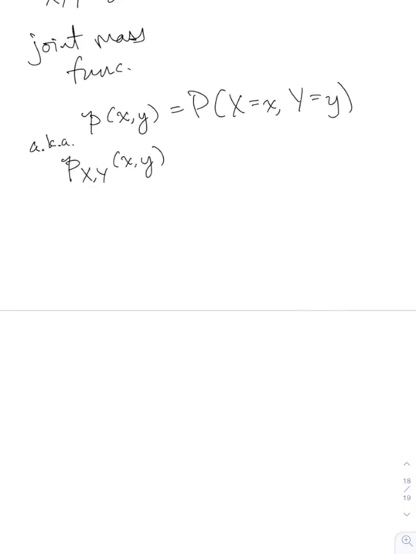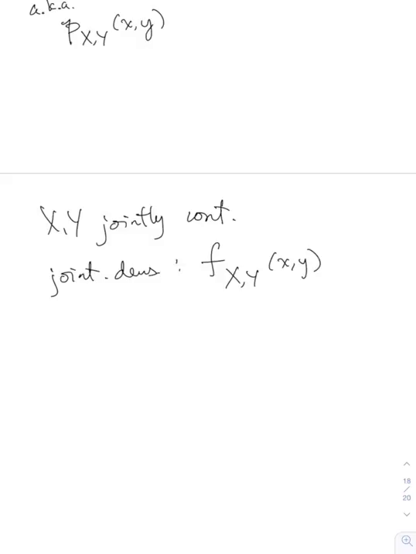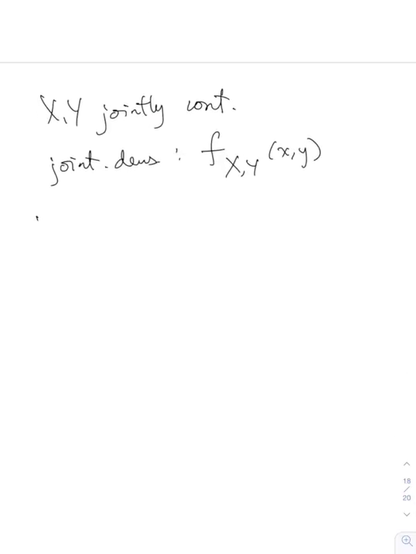On the other hand, if X and Y are jointly continuous, then you have a joint density. The joint density has the property that the probability that the point (X, Y) is in some region in the plane can be calculated as the double integral over that region of the joint density.